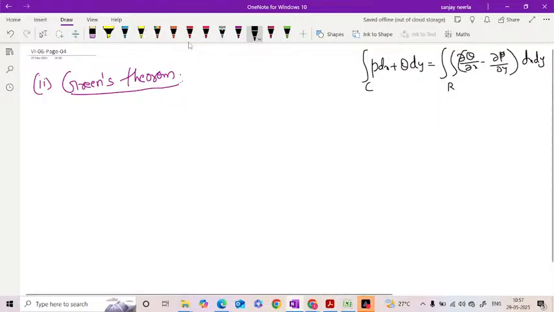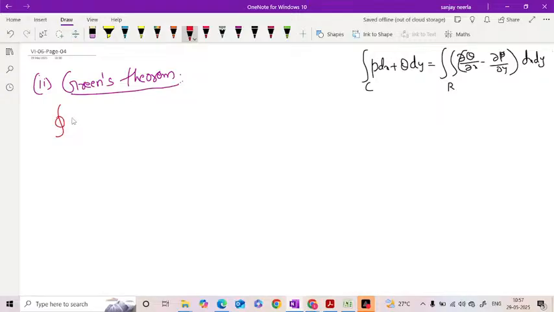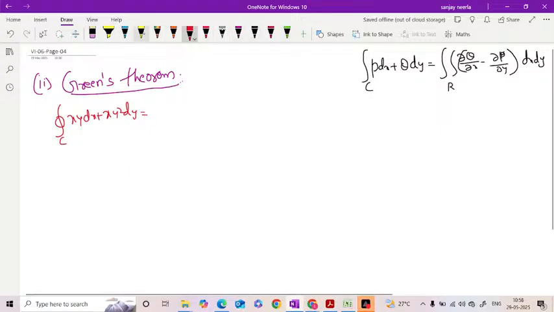Now come to our problem. Our problem is the line integral of xy dx plus xy square dy on the closed curve. What is the curve here? It is the square region.